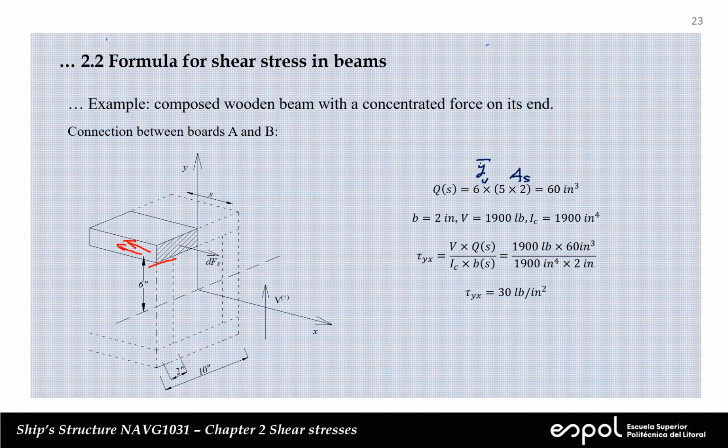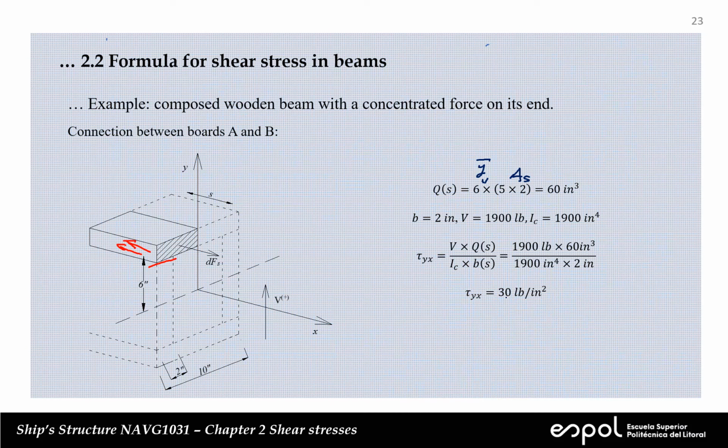The inertia of the whole section, you can check it, I'm just giving it to you. It's 1900 inches to the 4th. Then we can apply the formulation that we had: shear force, first moment, inertia, and the thickness where we make the cut. The result is 30 pounds per inches squared.